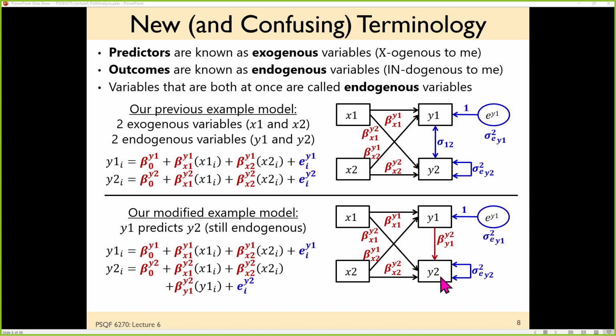Y1 is now a predictor of Y2, but it's also an outcome of X1 and X2. It's doing both at the same time. So if Y1 and Y2 did not have conditional normal distributions, one way that you could put in the analog of a residual covariance between them is to change it to be a direct path.